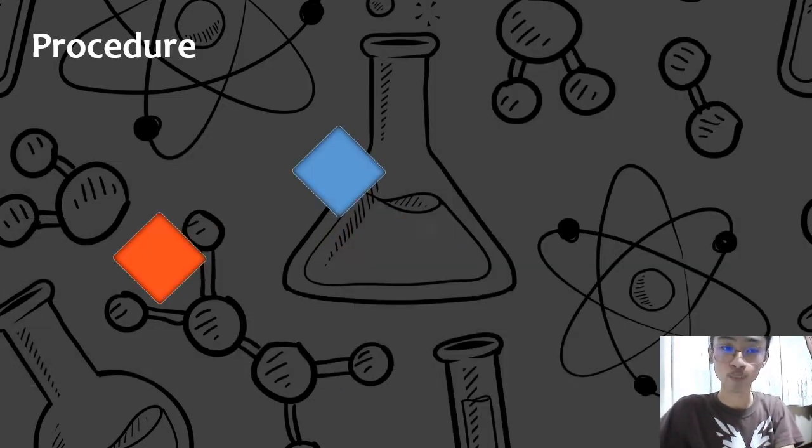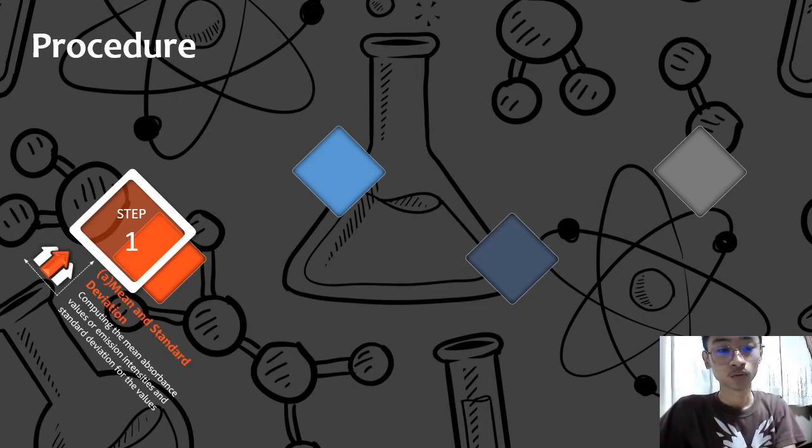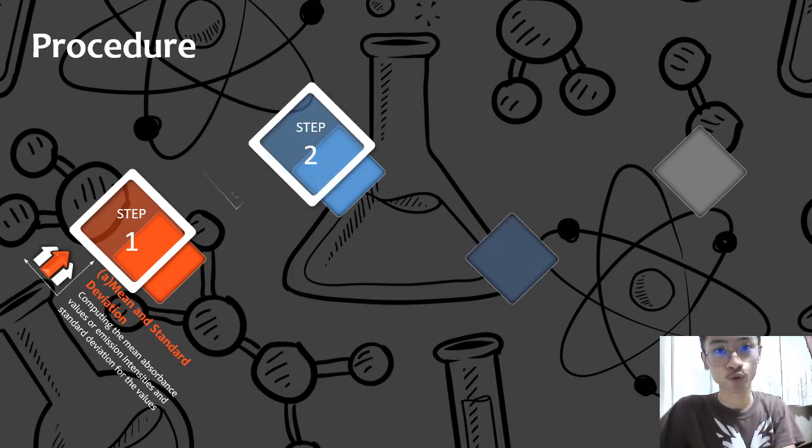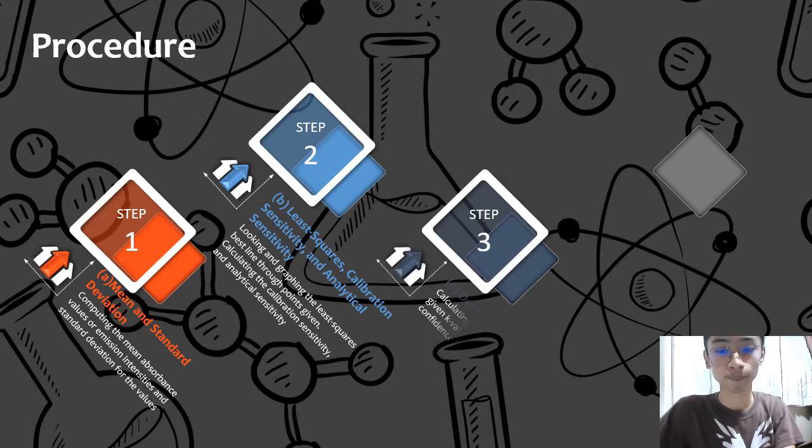So what will be our procedure? In order to arrive at the data and solve the problem, first, we will be computing the mean absorbance values or emission intensities and standard deviation of the values. Next, we will be graphing the least squares best line through points given, calculating the calibration sensitivity and analytical sensitivity.